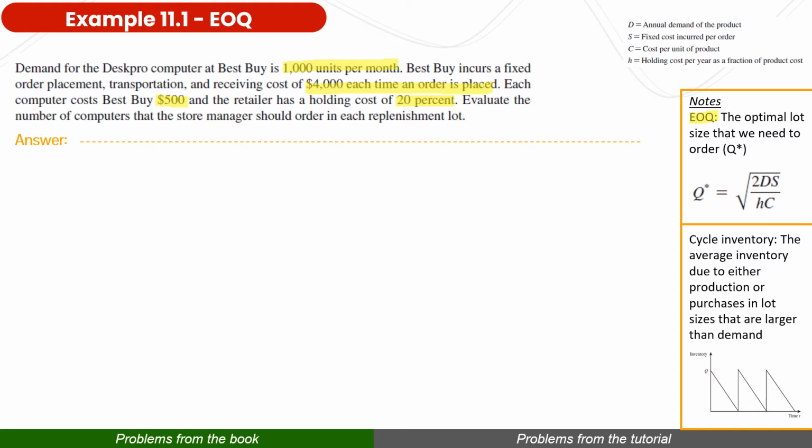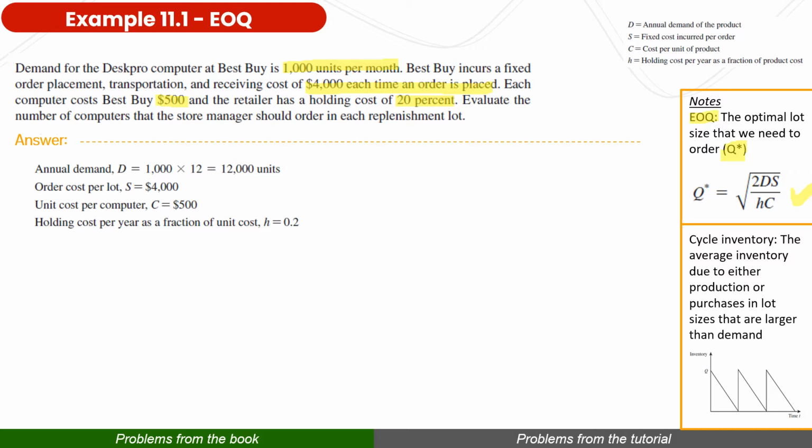So EOQ is the optimal lot size that we need to order, or sometimes we can write it as Q star. The formula is here, as you can see. So from the information here, we can sum up the demand, because in the problem it is still per month and we need the demand in annual or in year.